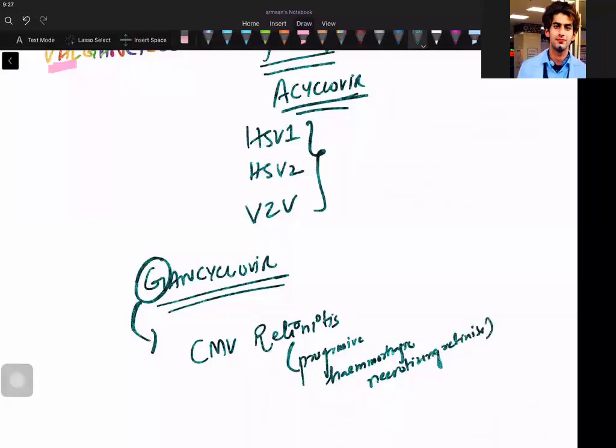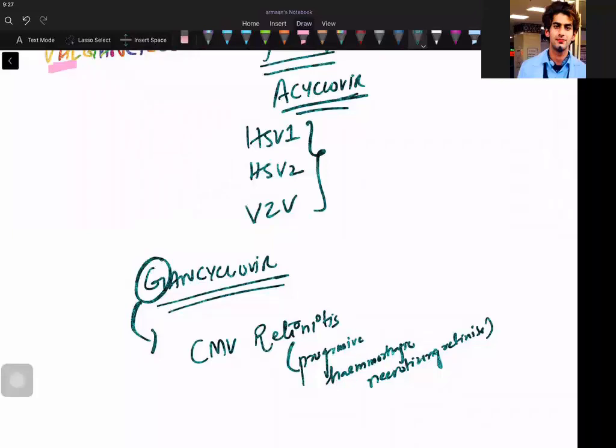About 15 to 40% of AIDS patients will come to you with CMV retinitis. We have all these retinopathies in AIDS patients, correct? And definitely the CD4 count is going to be less than 50 cells per mm cube.